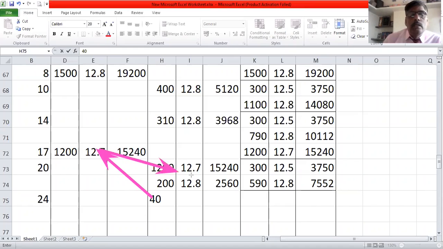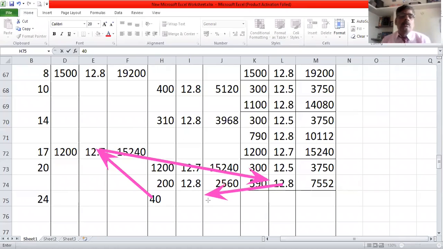Then you check this rate in the balance column. In the balance column, 12.5 and 12.8 are there. Therefore, the given rate is not in the balance column, so you issue as per your issue method. You take 12.8 as the issue rate.